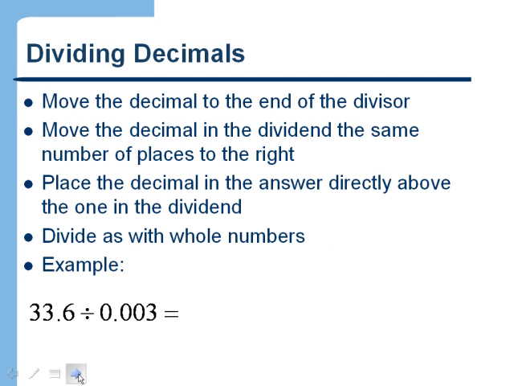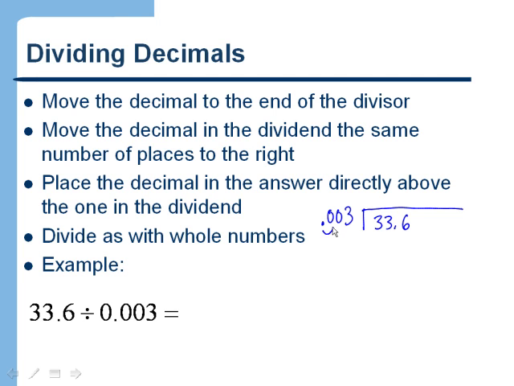Once we've done that, we just go ahead and divide as we would with whole numbers. So here's our example. We want to divide 0.003 into 33.6. Okay? So the first step says move the decimal to the end of the divisor. So that's 0.003.